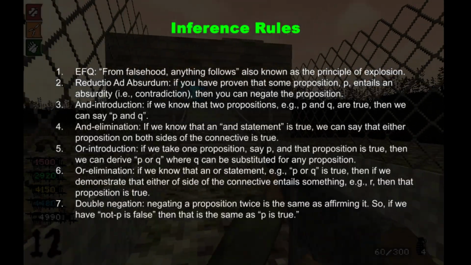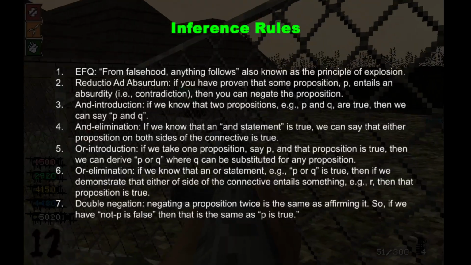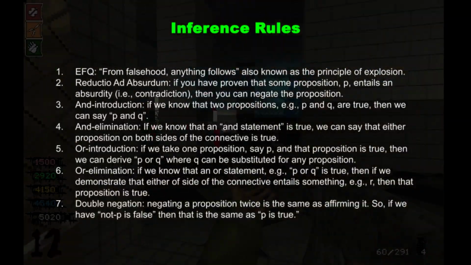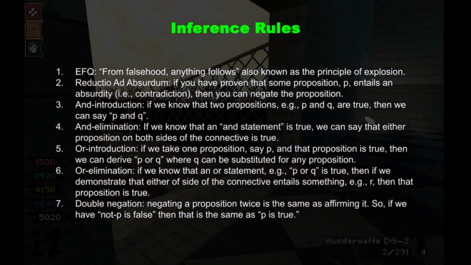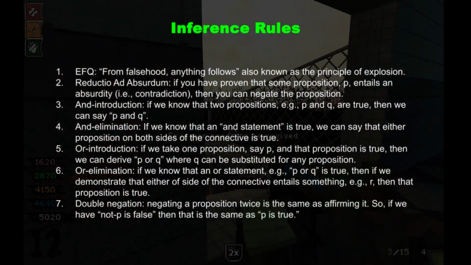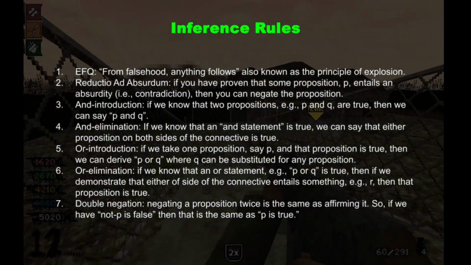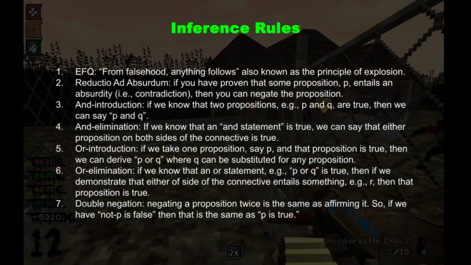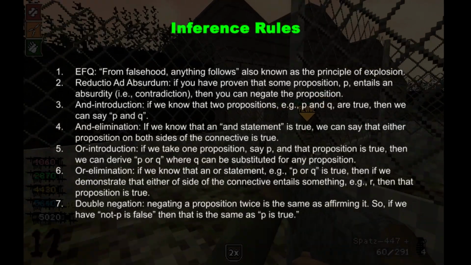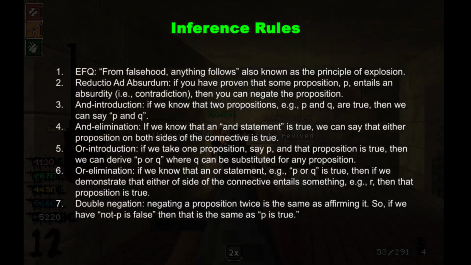So you can have one true proposition and one false proposition in a disjunctive statement, and the entire disjunctive statement would be true because of how it's defined. So, like, let's say I said zebras are real or unicorns are real. Even though unicorns aren't real, the disjunctive statement itself is true because only one of those statements has to be true. So all you're really saying is that one of these propositions is true in the disjunctive statement.